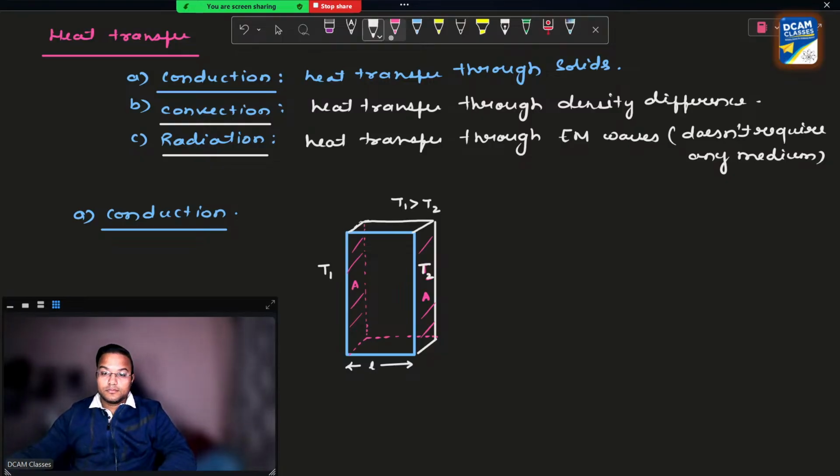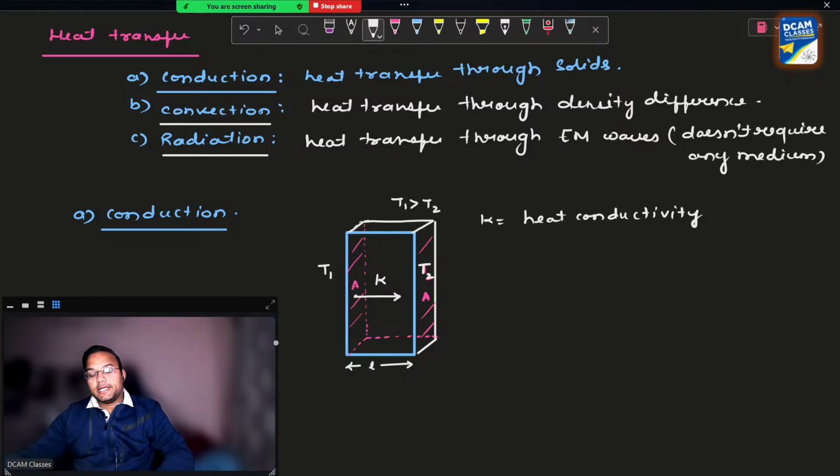And let's say there is a constant K. Now the heat is being transferred from this surface to this surface. In this, K is the heat conductivity. It's a constant. I'll say why it comes into the picture.